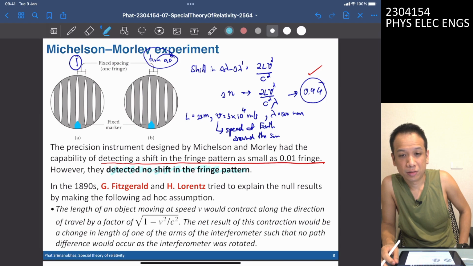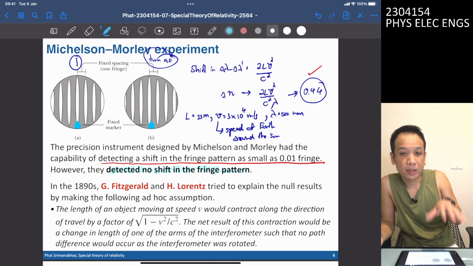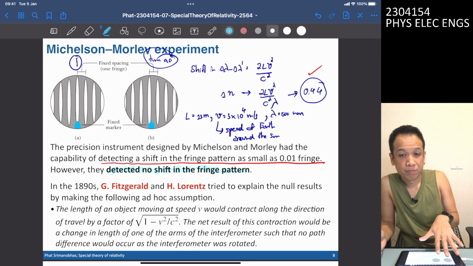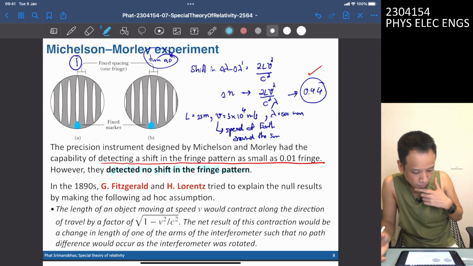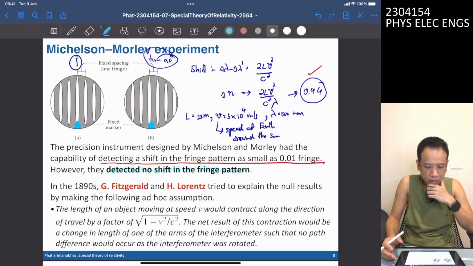You need to modify something in your assumption that can explain the null result of the experiment. In this case, they expected to see the shift and they don't see it, so they can say that something is wrong or missing in the assumptions. So in the 1890s, Fitzgerald and Lorentz tried to explain this null result by making ad hoc assumptions.